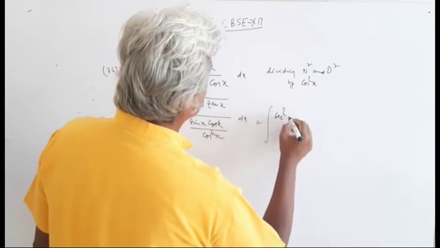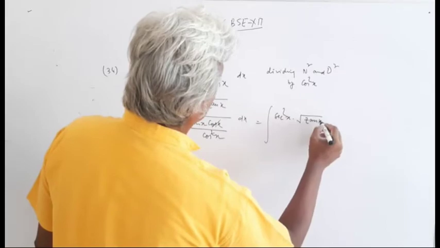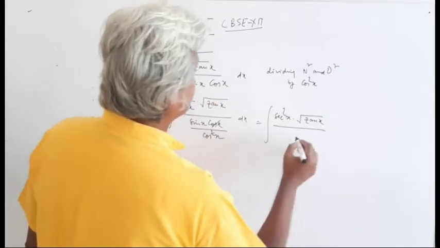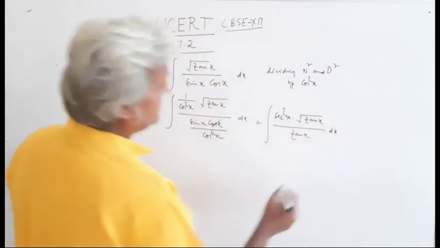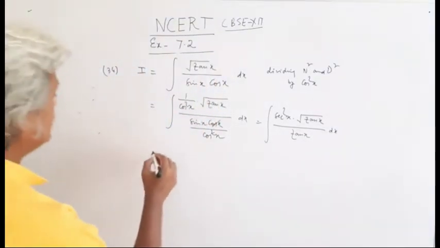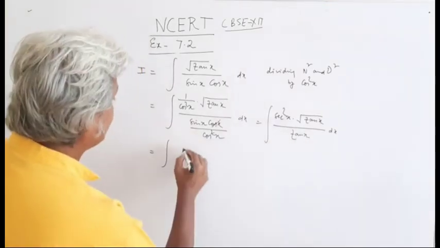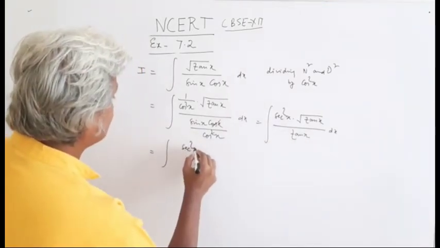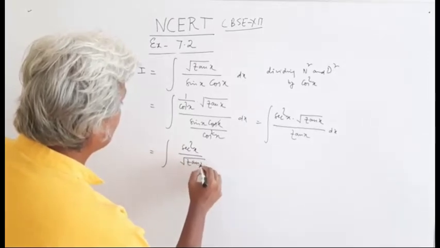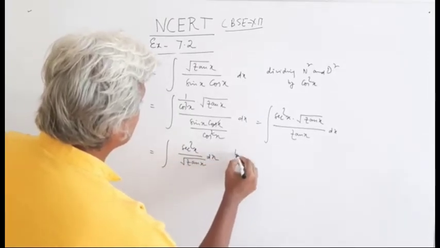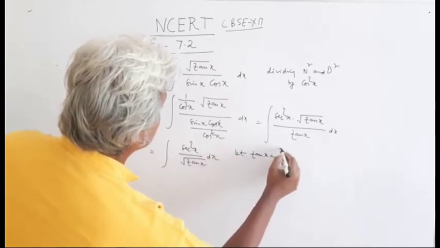So this becomes sec square x under root tan x over tan x dx. Now this is the standard form. If I reduce this by this, I get sec square x over under root tan x dx. So let tan x equal t.